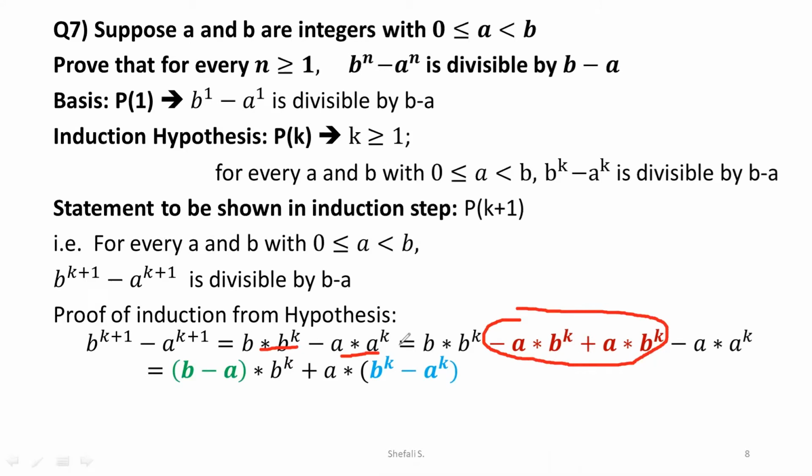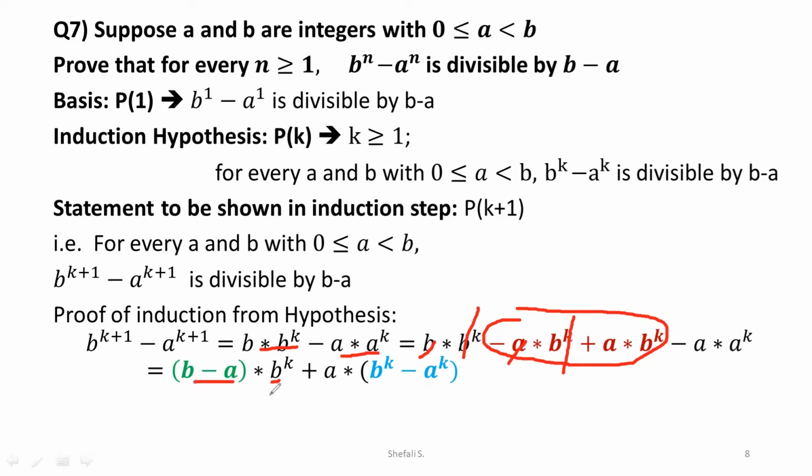So I'll maintain the equation, and these two terms are added. That means one is the positive term and one is the negative term, and I can rearrange the given equation. So b multiplied by b raised to k minus a multiplied by b raised to k. I can take out the b raised to k, out of the bracket, and I can have here b minus a as the relation.